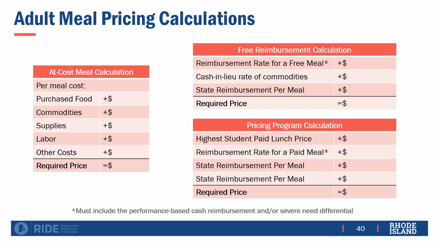The preferred method is the free reimbursement calculation. SFAs should not use the pricing program calculation if the program is significantly behind on paid lunch equity requirements, or they know the calculation results in a price below cost.